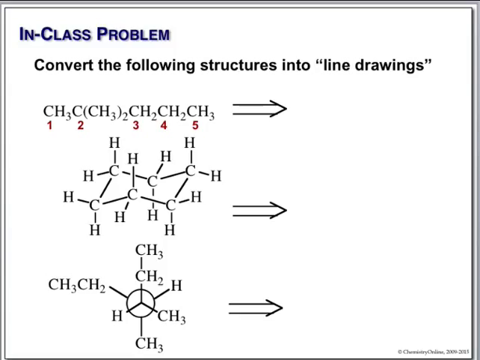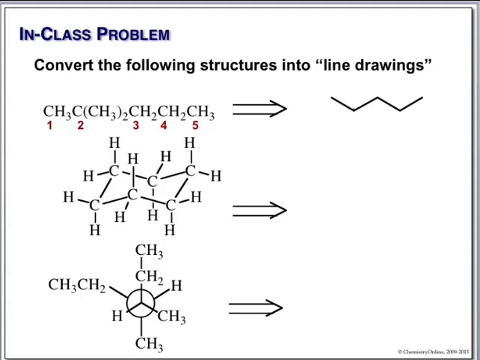All right, so step 1, we have 5 carbons in a row. We're going to draw our zigzag, and it's going to look like that. We're doing 1, 2, 3, 4, 5 carbons. Over here on carbon number 2, we have 2 CH3 groups.